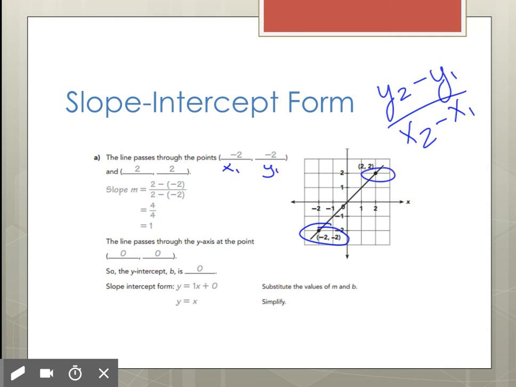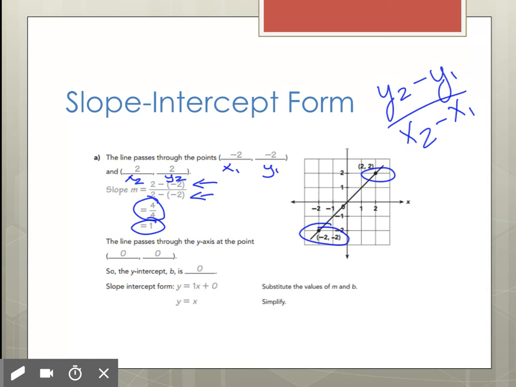And then point 2 is positive 2, positive 2. x2, y2. So we're just plugging those numbers in, which is where you get 2 minus negative 2 over 2 minus negative 2, which gives us 4 over 4. 4 divided by 4 is, of course, 1. Please remember, when we subtract a negative, it's just like adding. That's how we got 4.